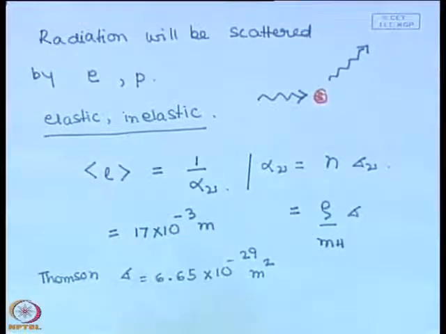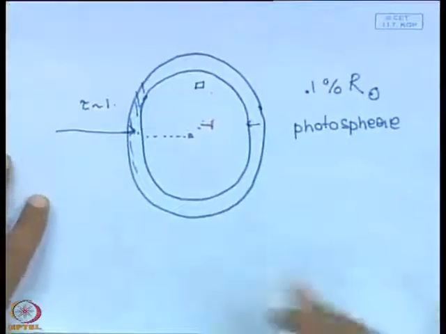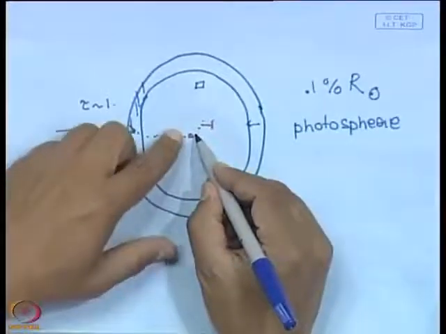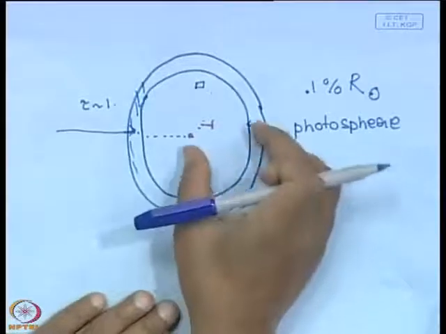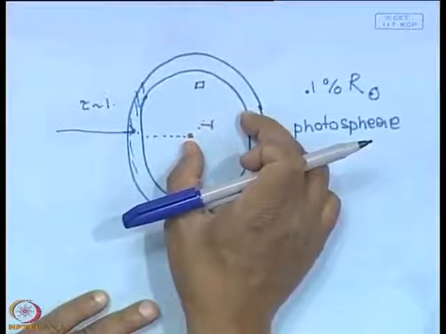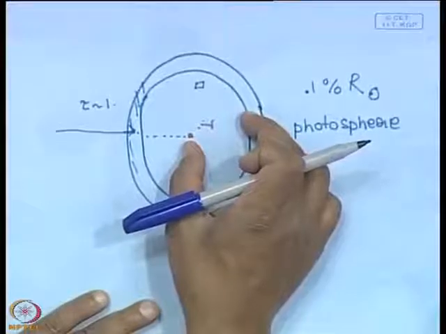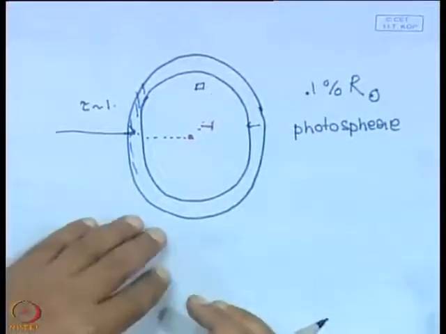So, what do we learn from this? What we learn is that the photon from inside has to propagate over a distance which is 6 into 10 to the power 8 meters to get out, and then finally it comes to us.